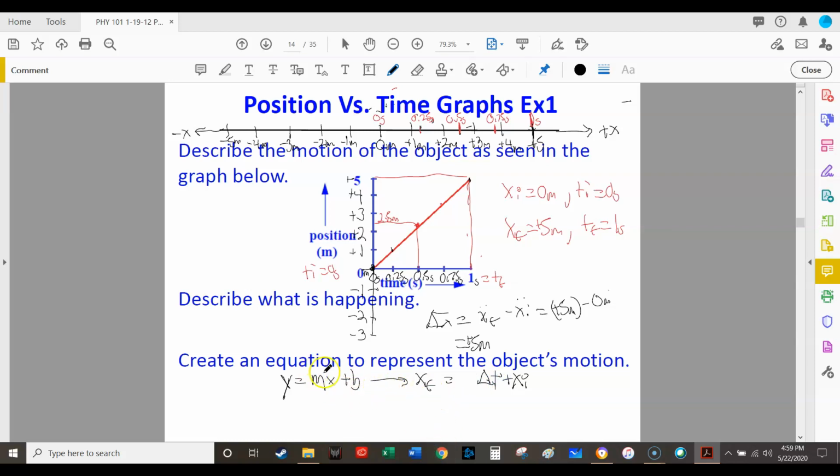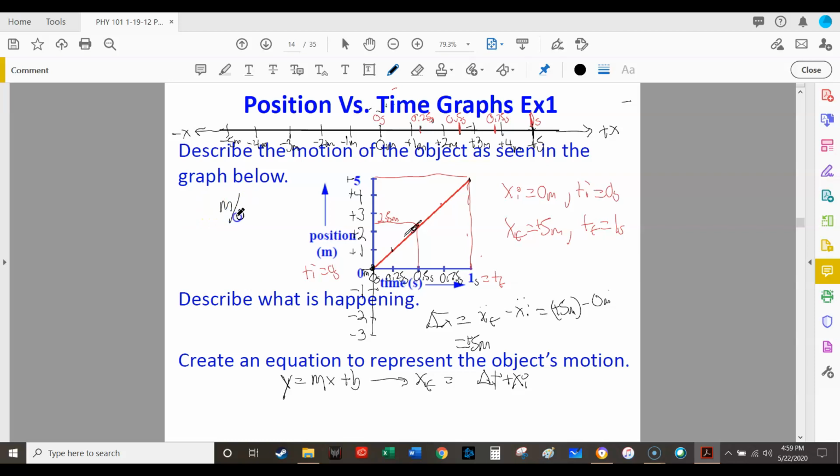And the slope here, let's take a data point right here and choose this. Okay. Well, slope is going to be rise over run, right? Slope can be positive or negative, and rise over run is meters per second, right?